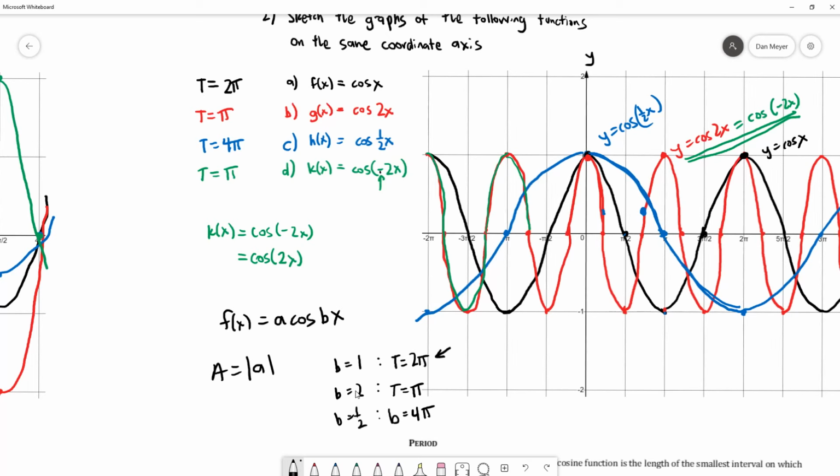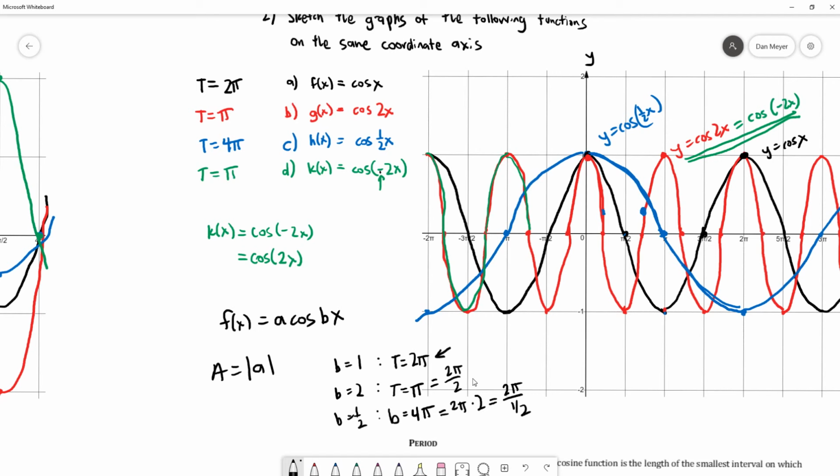And then if I want to incorporate the coefficient, it looks like here I'm taking 2 pi divided by 2. This one's 2 pi divided by 2. This one's 2 pi times 2, which is the same as 2 pi divided by 1/2.